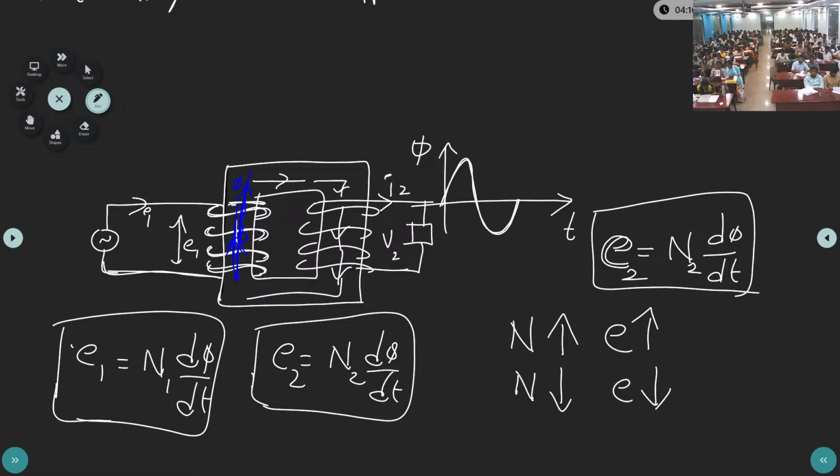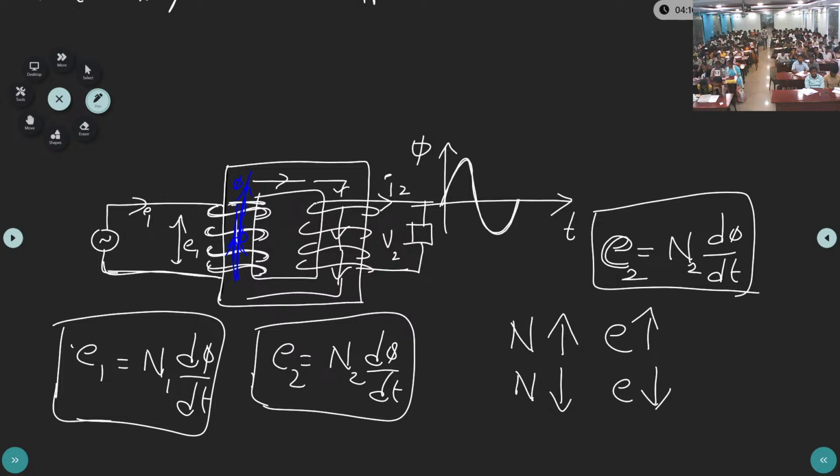So what is common here? For the primary winding and the secondary winding, what is φ? Same. E1 is equal to N1 dφ by dt, E2 is equal to N2 dφ by dt. With respect to the primary winding and secondary winding, the flux is common. Voltage is different: V1, E1, E2, N2, N1, all are different, I1, I2.